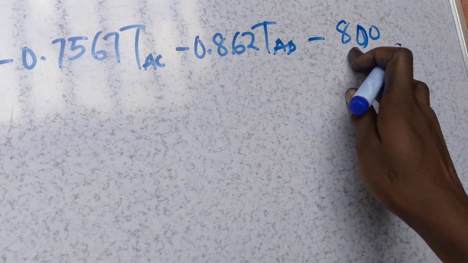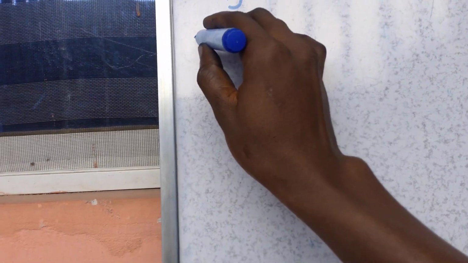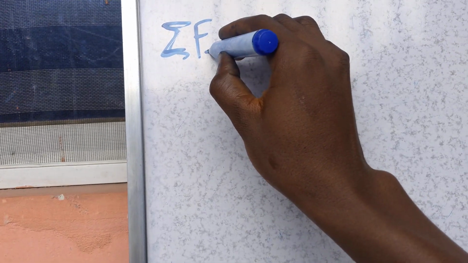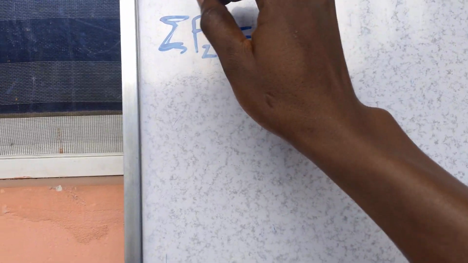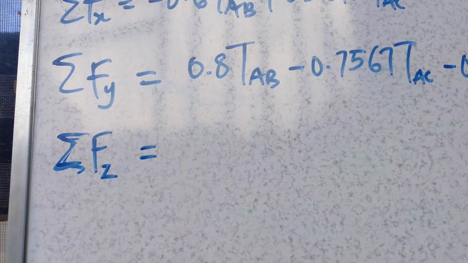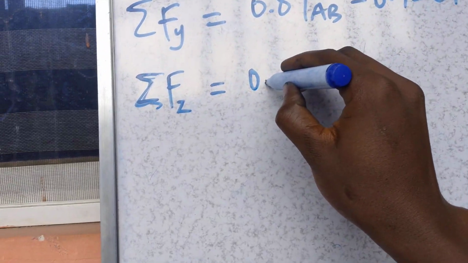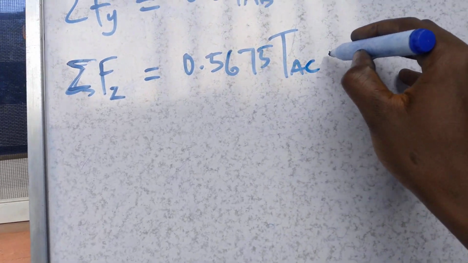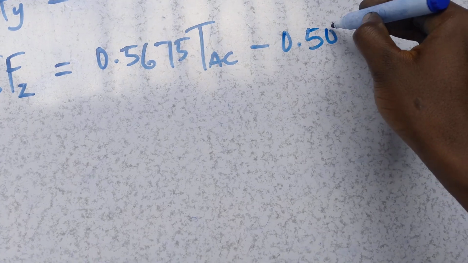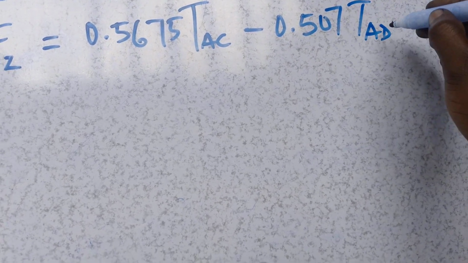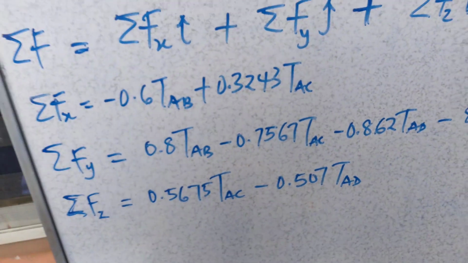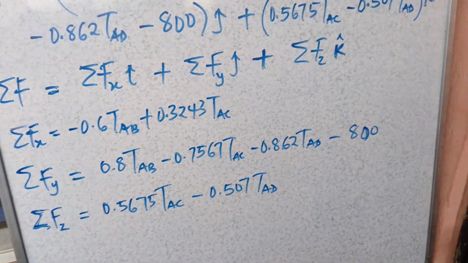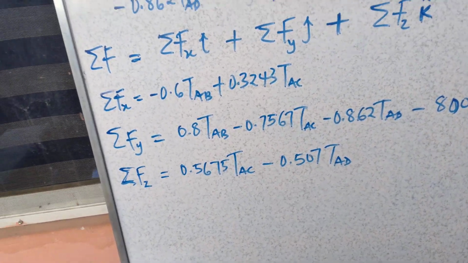Then sigma Fz will be equal to 0.5675 TAC minus 0.507 TAD. This is what I have: sigma Fx, sigma Fy, and sigma Fz.